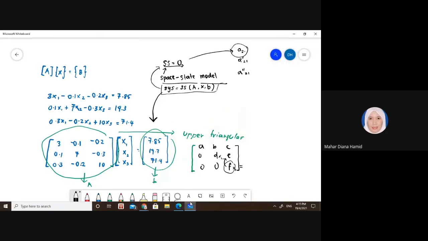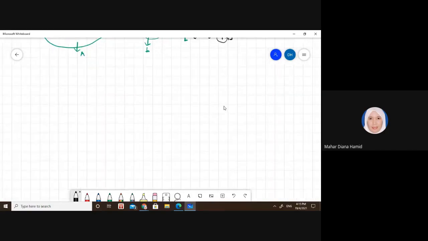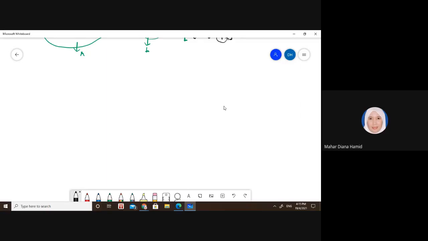So j equals to 1 until n minus 1. This is actually the column. And also the row.